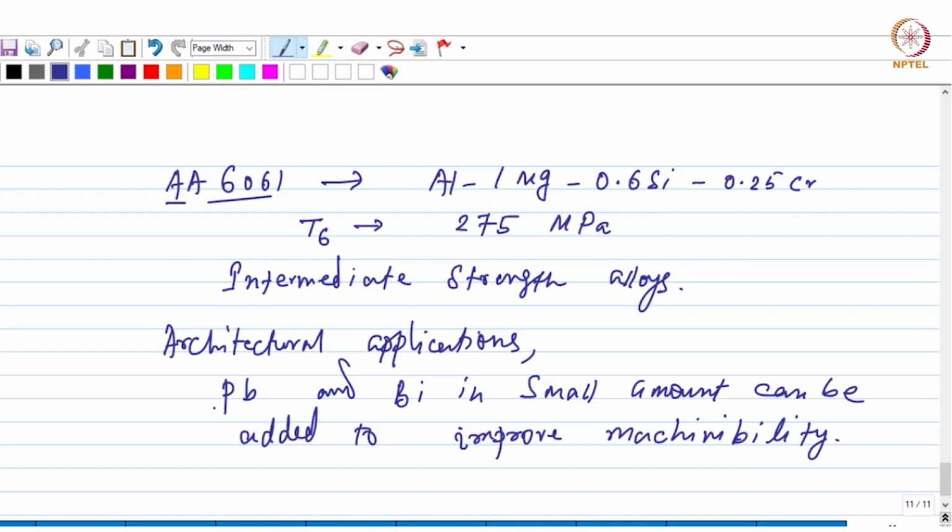And when you have the presence of lead and bismuth, that alloy in fact becomes 6262. So here, apart from aluminum, magnesium and silicon, you also have some amount of copper and some bismuth and lead.